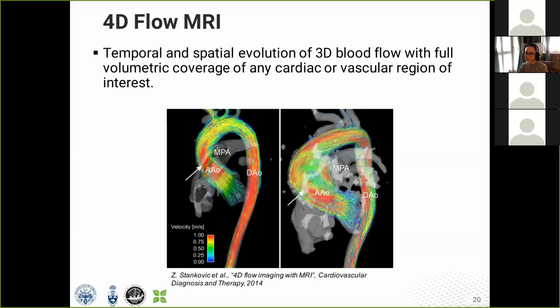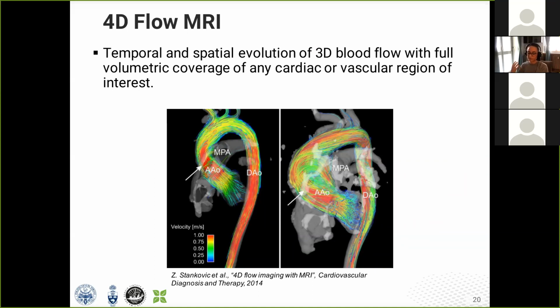It's basically able to recover the spatial evolution of the 3D blood flow in the area of interest, and also its temporal evolution. So it's like having a 3D recording of how the blood flows in the region of interest. As you can imagine, you get a lot of information on how the blood is flowing, the velocity there. It's a lot of data that we can include.